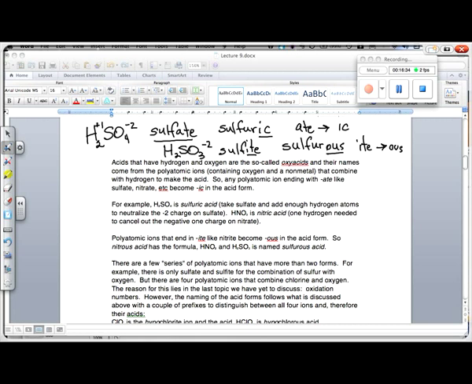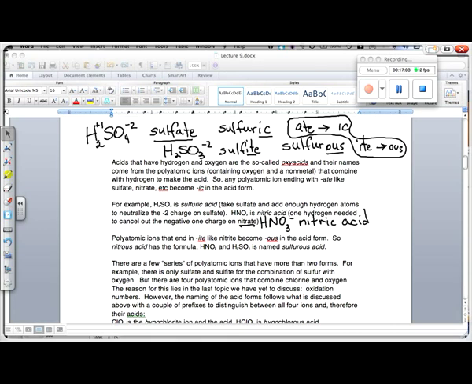HNO3 comes from nitrate, which has a -1 charge, nitrate does. Put a hydrogen on to balance it out, and the nitrate becomes nitric acid. All right? So that's the most important thing to remember for the oxyacids, is that they generally come from polyatomic ions. And that's how the endings work.